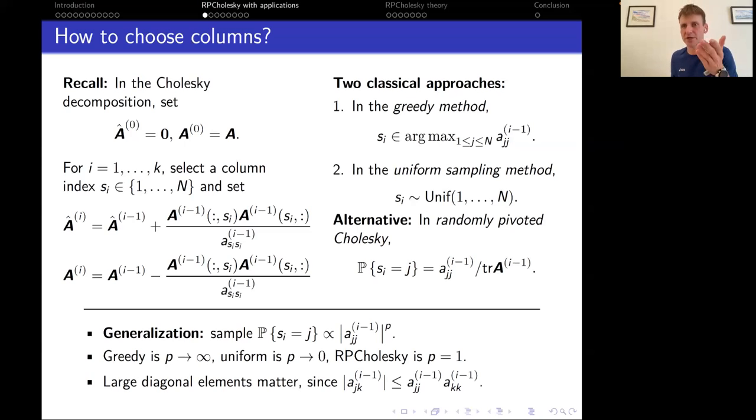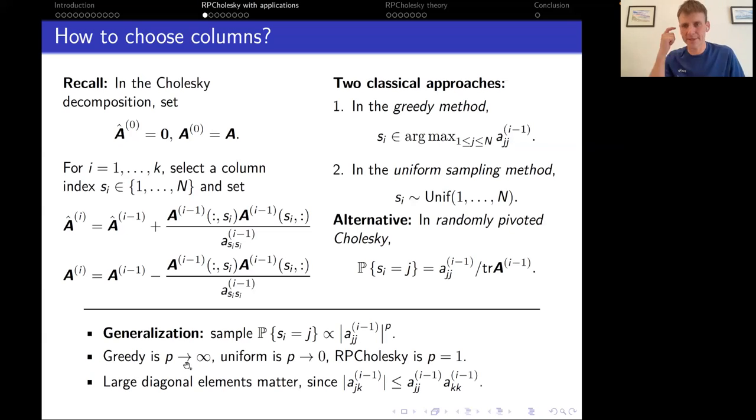There's a generalization which I like because I have a background in statistical physics. I like to think about a Gibbs distribution with different temperatures where you're sampling the next pivot proportional to the diagonal entry raised to some p power. And here p would be like an inverse temperature parameter.